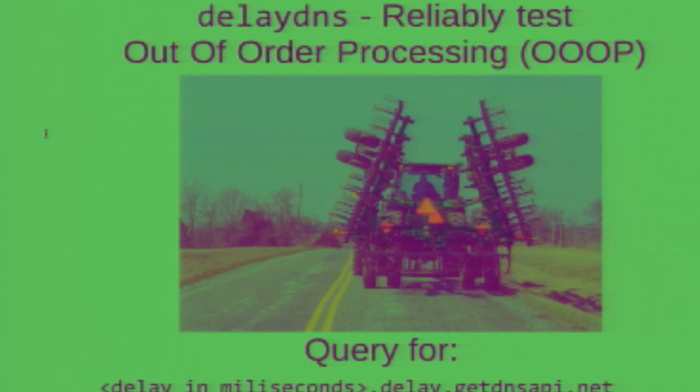You can ask for a 1000 millisecond delay, get Danish API.net, and it will take 1 second before you get a result. So you can test if your resolver can process out of order. You can also inject other queries to your resolver and see if they arrive before the 1 second delayed answer. This concludes our results for this weekend.